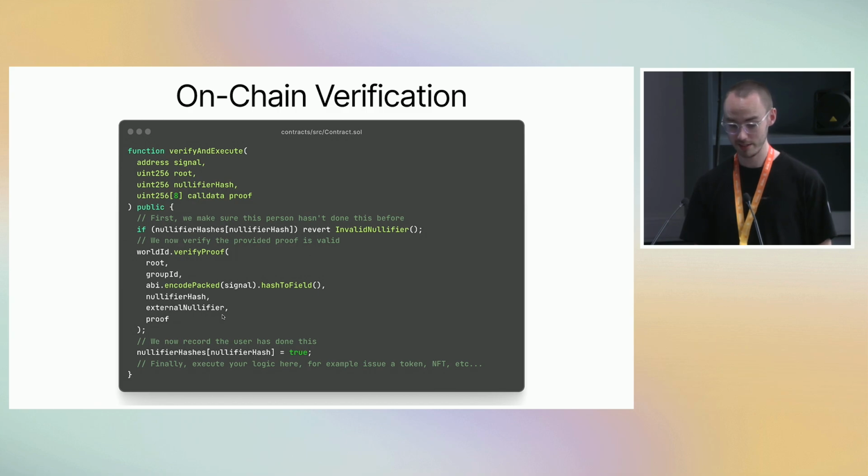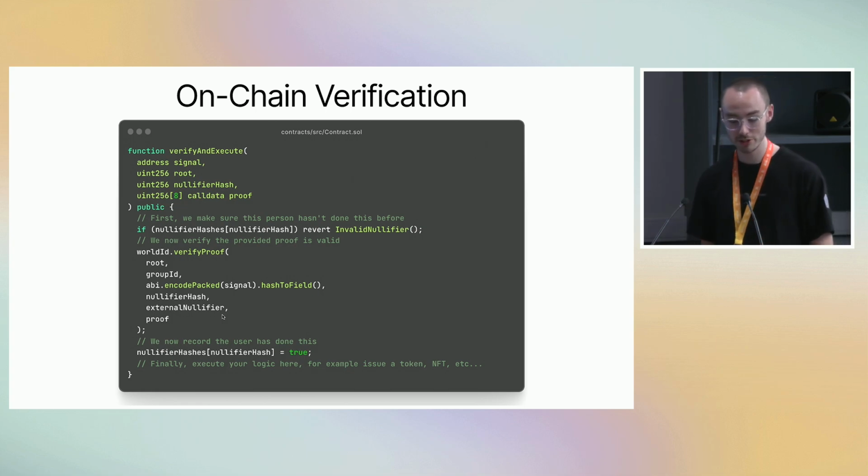Then we have the signal hashed a specific way to ensure that it's within the field of the curves used for the zero knowledge proof, the nullifier hash, that external nullifier we set in our constructor, and the proof. That verify proof function call will revert if the user is not verified, or the signal is incorrect, or for whatever reason it shouldn't verify. But if it does verify correctly, the program just continues. There's no value returned or anything like that.